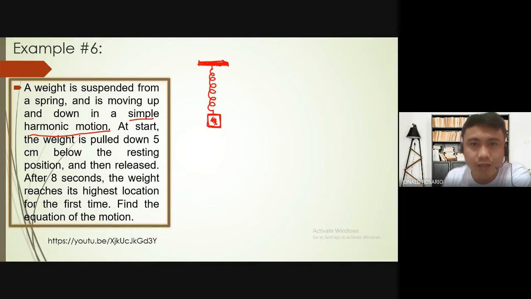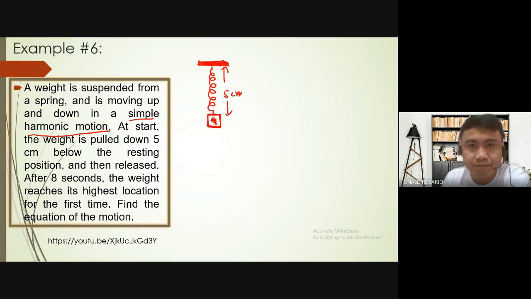Ito yung weight. And itong ating weight daw ay hihilain ng 5 centimeters below the resting position. So ito yung resting position. Hihilain yan hanggang sa maging 5 cm.